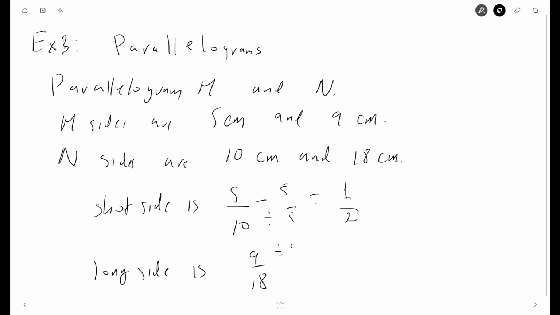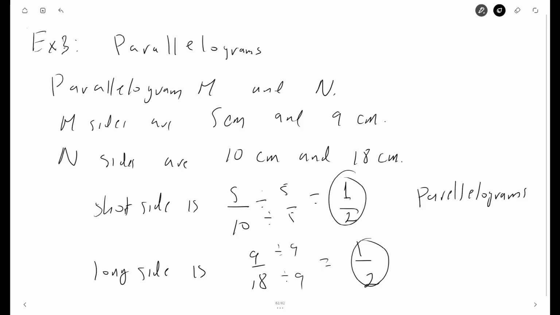And let's divide top and bottom by 9 for the long side, and that will be equal to 1 over 2. So both ratios are 1/2. That means that parallelograms M and N are similar.